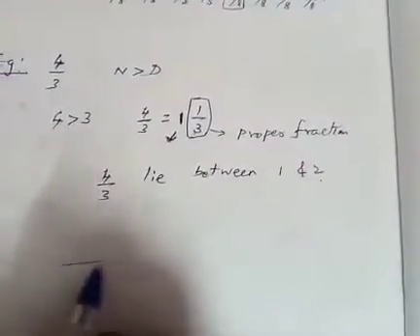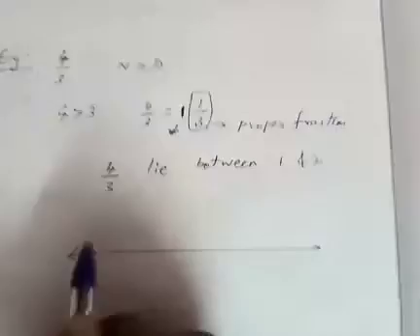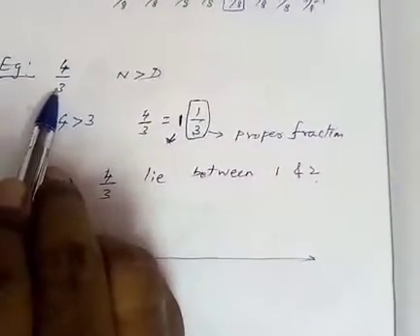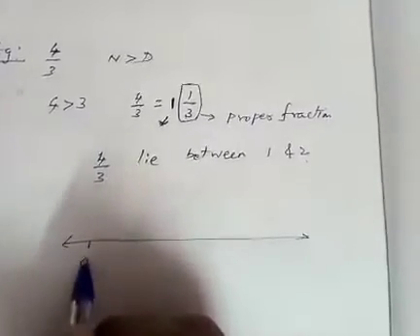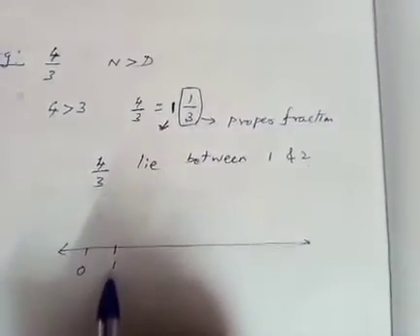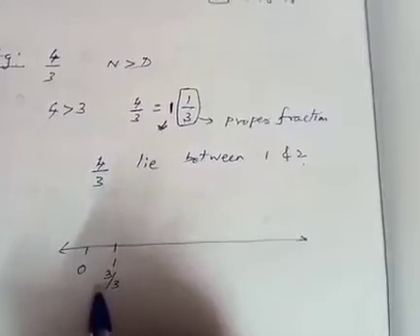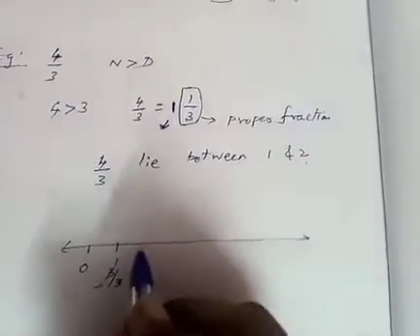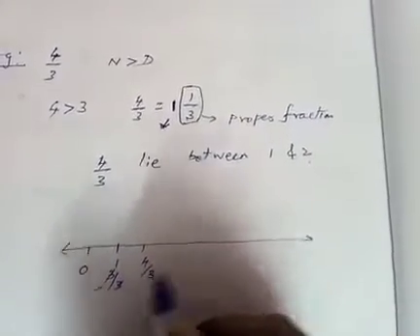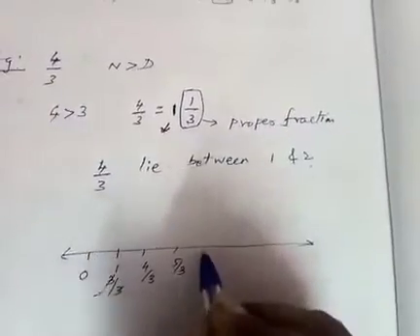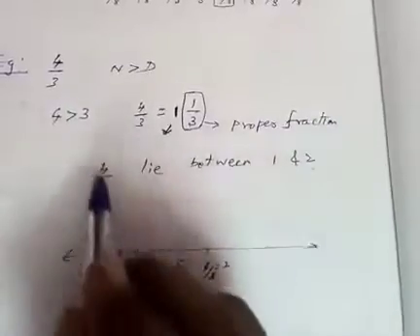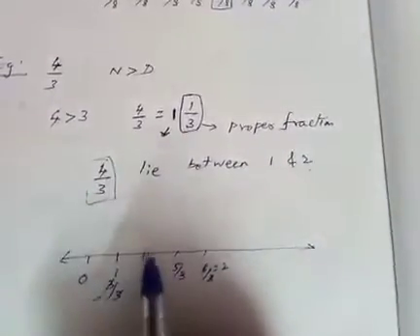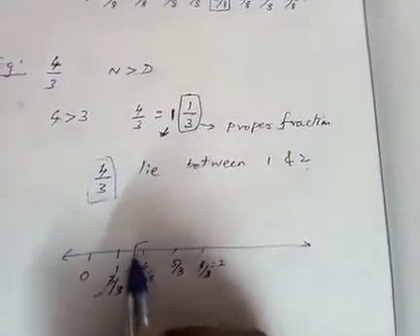Now let me draw a number line. The rational number 4 by 3 is a positive rational number, so it will be on the right side of 0. So here 0, 1. 1 is nothing but 3 divided by 3. The next is 4 divided by 3, 5 divided by 3, 6 divided by 3. 6 divided by 3 is 2. So 4 by 3 is here.